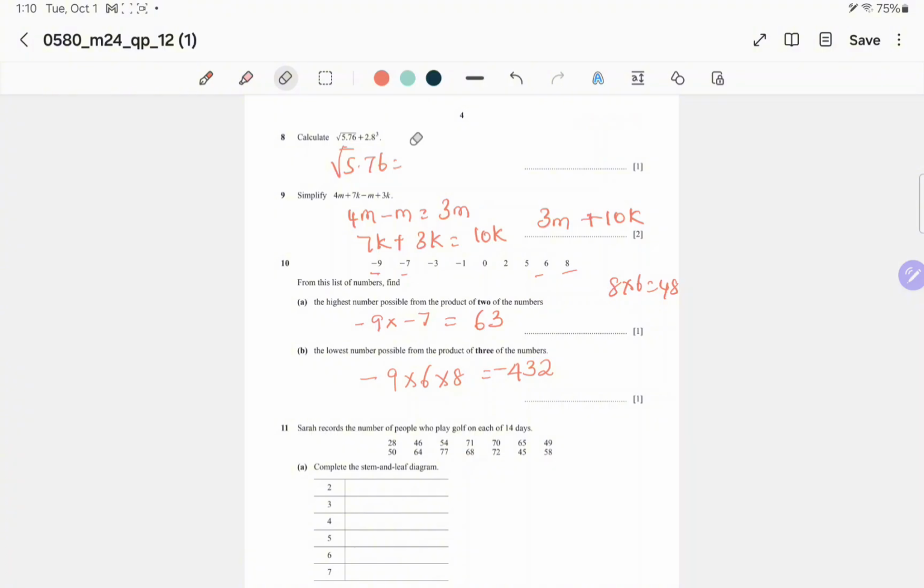So adding these two numbers, you will get the answer 24.352. Am I right?